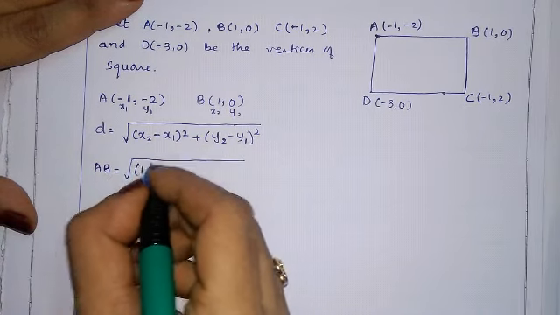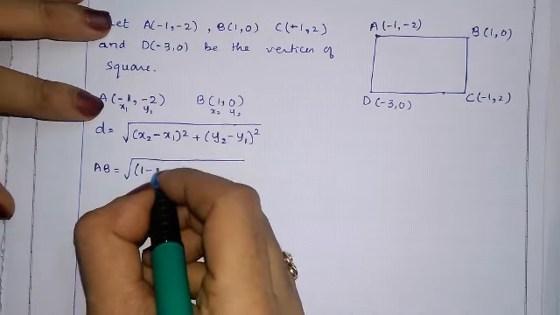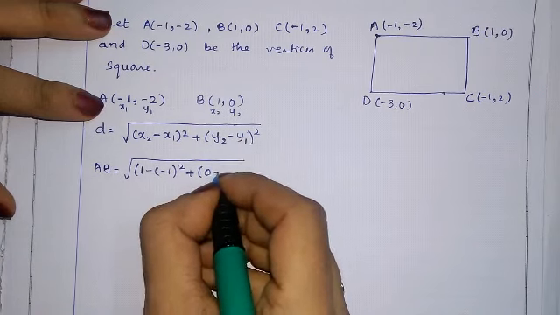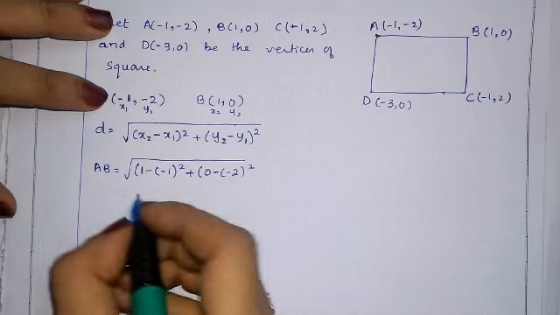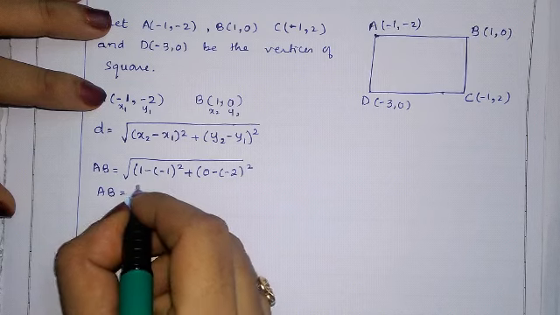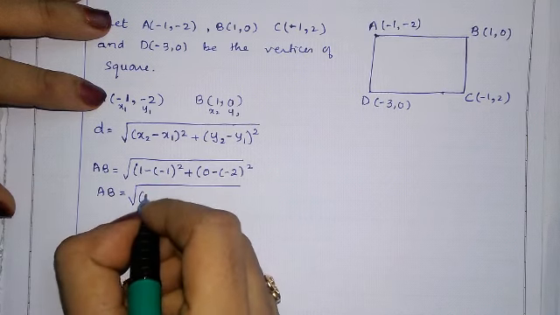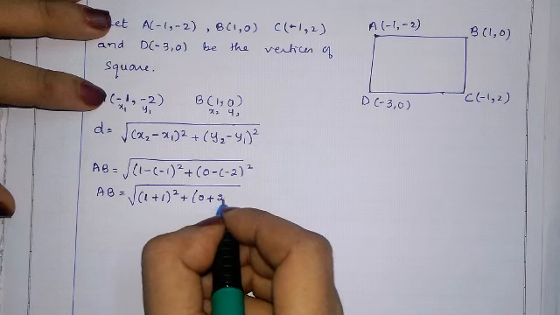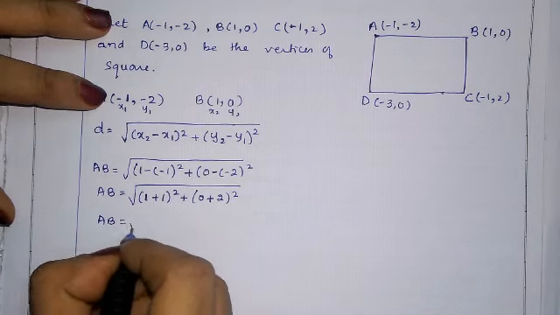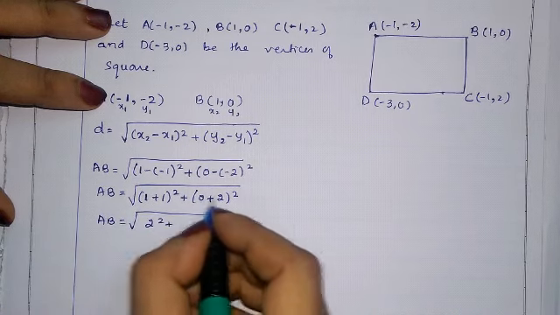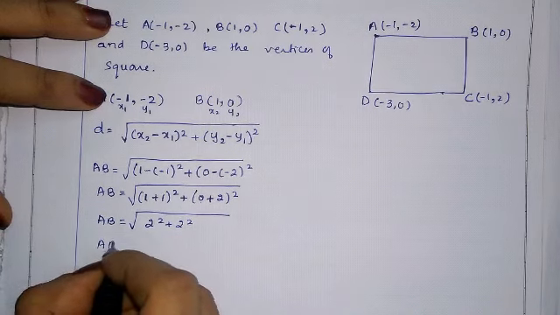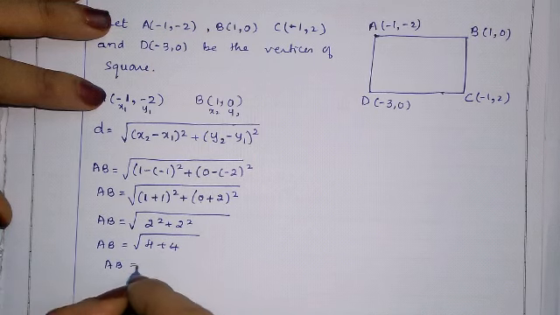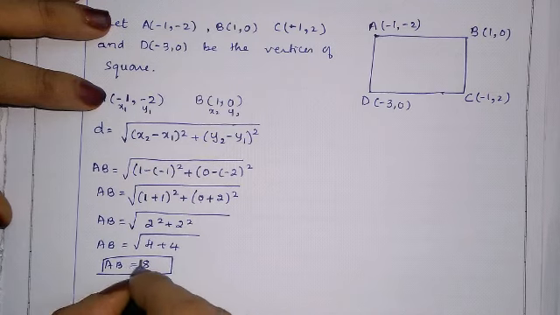AB is equal to root of (1 minus (-1)) whole square plus (0 minus (-2)) whole square, which is (1 plus 1) whole square, (0 plus 2) whole square. 2 square is 4 plus 2 square is 4. AB is equal to root 8.